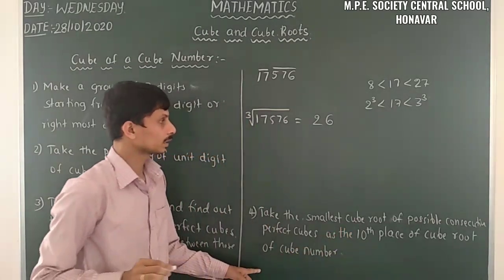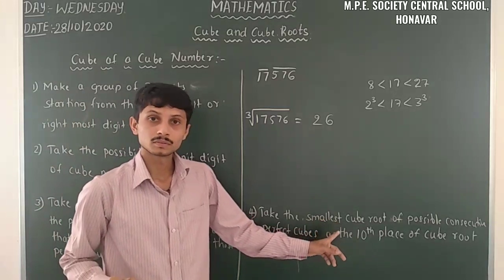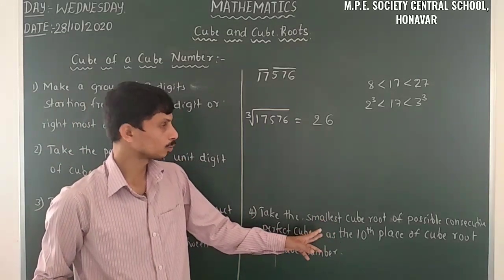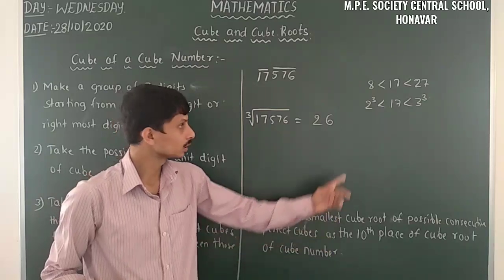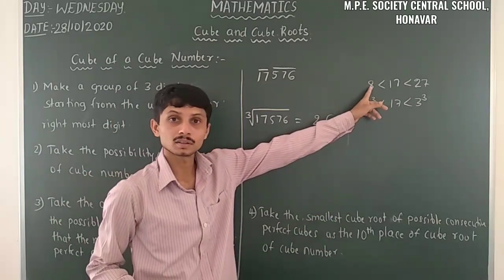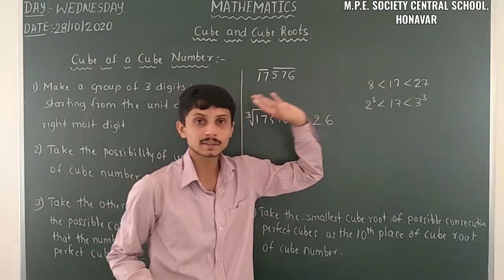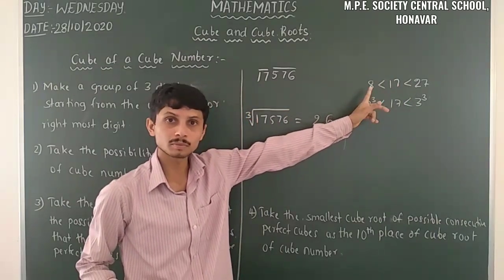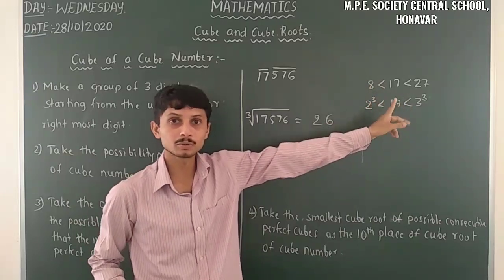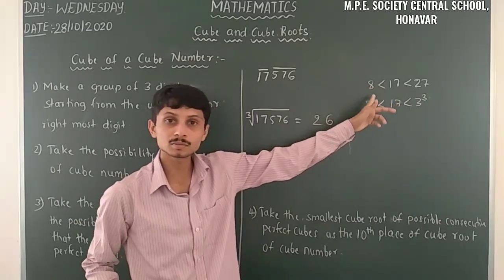Yes. So that means here we have to take the smallest cube root. What is the smallest cube root? So here 8. So 17 lies between 8 and 27. So that's why 8 is the smallest cube number here. In between, the 17 lies between those two numbers, and 8 is the smallest.